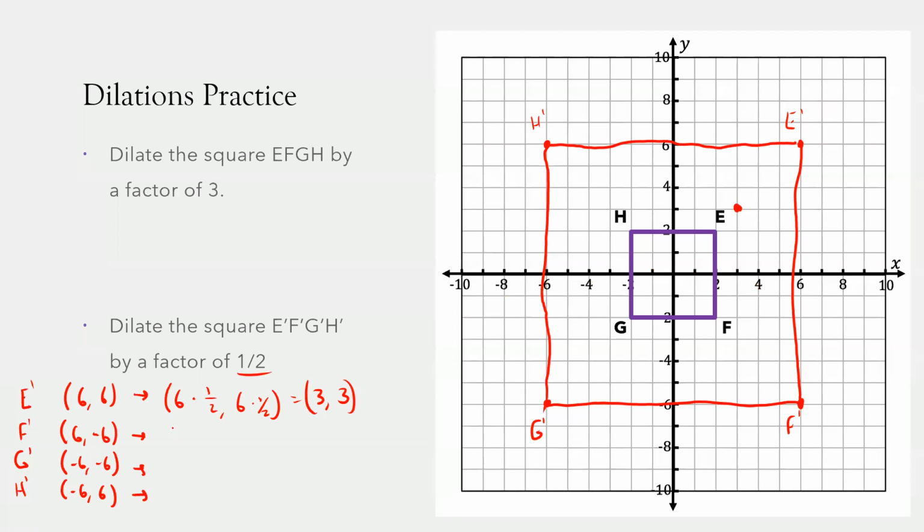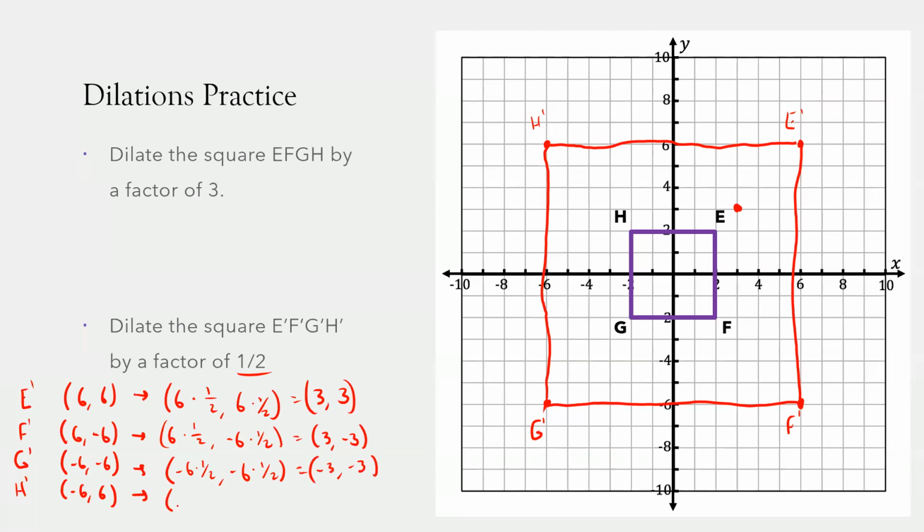Then for f, we're going to have 6 times 1/2, comma, negative 6 times 1/2, which gives us 3, comma, negative 3. And then we're going to take g prime, which is negative 6 times 1/2, comma, negative 6 times 1/2, which gives us negative 3, comma, negative 3.